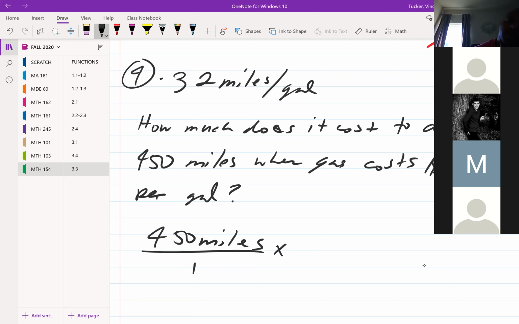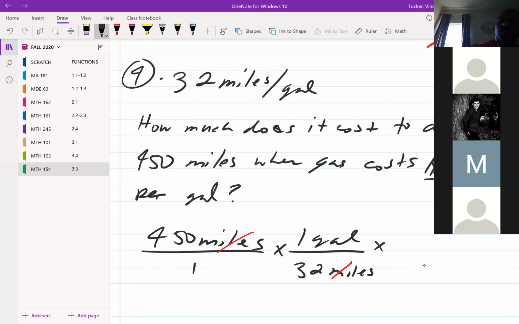So we'll multiply it. And some of you may just do it in your head because you used to calculate miles and gallons and costs and all the good stuff like that. So we want to convert these 450 miles to gallons. Use our conversion factor that way. And then also we know it costs, I guess we can go ahead and write the other one as well.